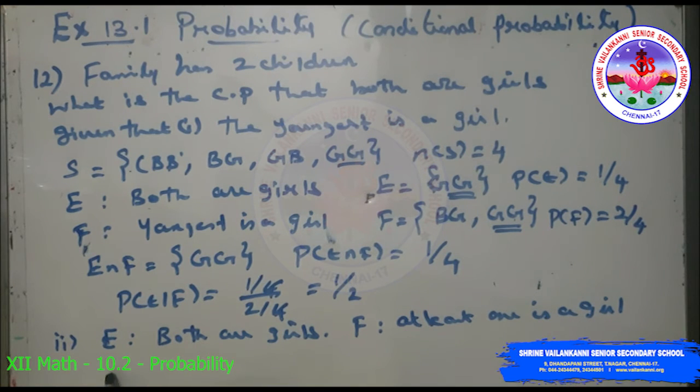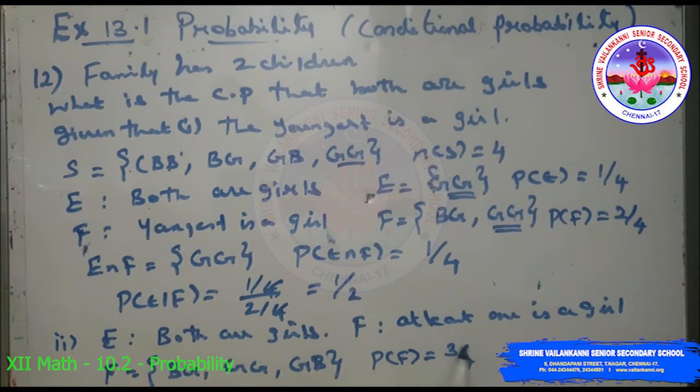So F is like first should be boy, second girl, or both are girls, or first is girl and second is boy. At least one girl means it could be a youngest or elder one, or both should be girls. So P of F is 3 by 4.